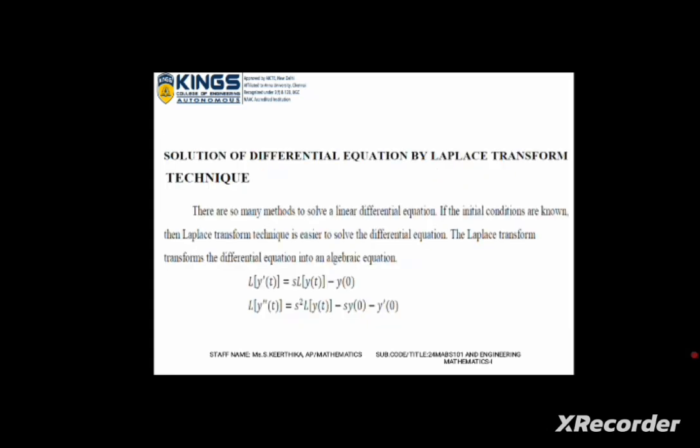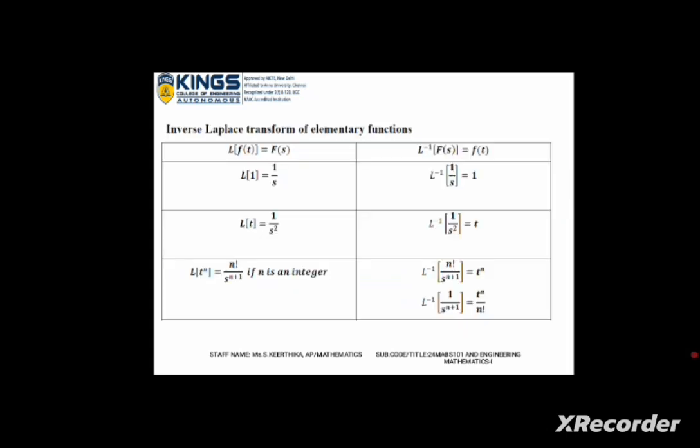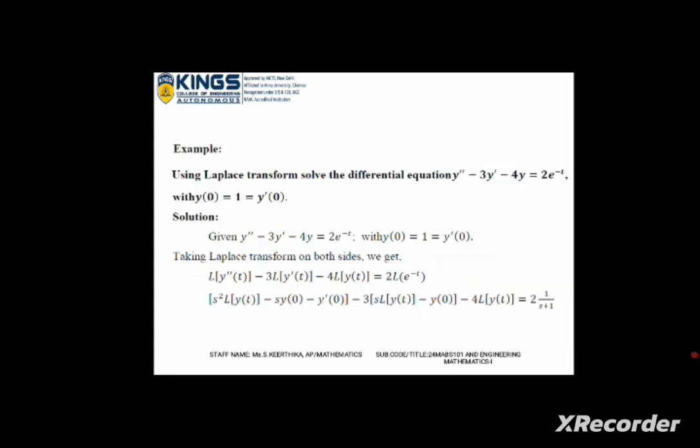L of y dash of t can be written as s into L of y of t minus y of 0. Likewise, L of y double dash of t can be written as s squared L of y of t minus s into y of 0 minus y dash of 0. These two formulas are used here.